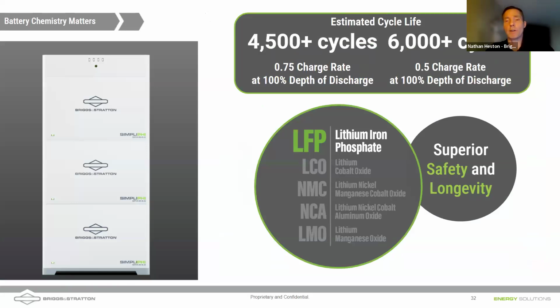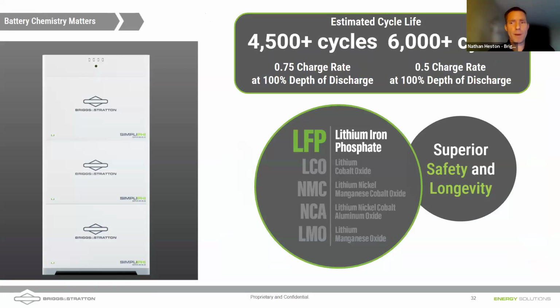I really love this battery. I'm not saying that because I'm a Briggs & Stratton employee. We've both installed them. We've used them. It goes together so easily and so quickly on a job site. We're talking about 30 minutes to get a battery system up and on a wall, or stacked on the floor.